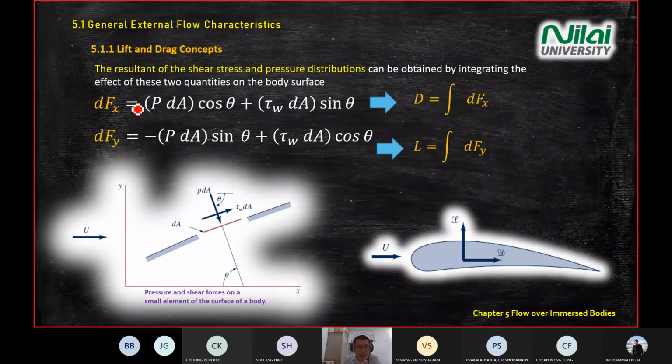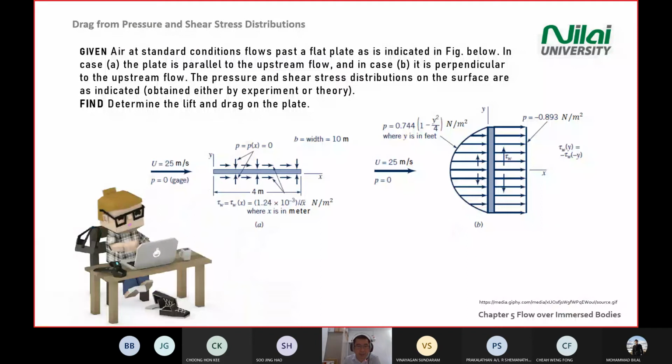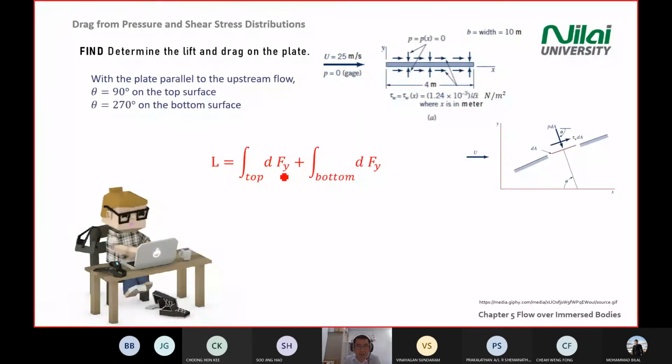This one is drag, this is lift. Because our angle is 90 degree for the top, sin 90 degree is 1. cos 90 degree is 0, so the second component, you don't have the shear stress component. That's why it explains this equation.